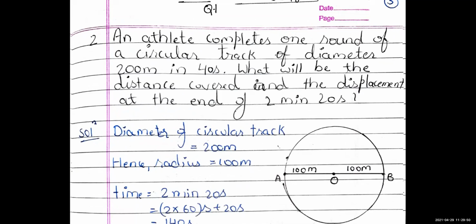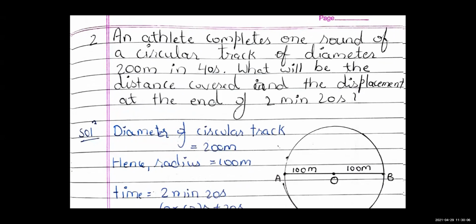Circle means the circumference of the circle will be involved over here, that is 2 pi r, right? So the athlete completes one round of the circular track of diameter 200 meter. So if diameter is 200 meter, radius will be half of it, that is 100 meter. So this is 100 and this is 100 and total diameter is 200 meter, right?